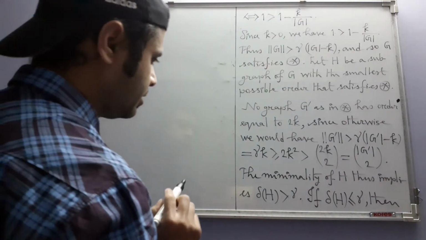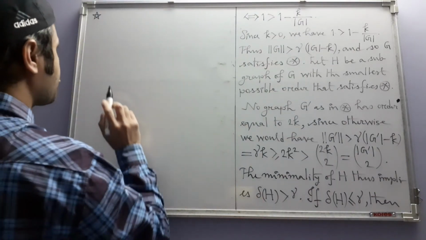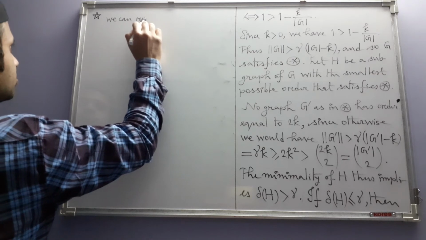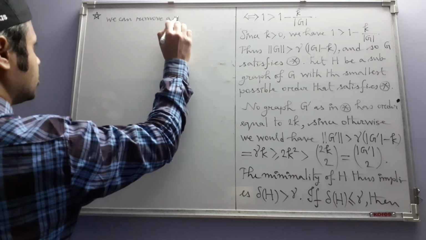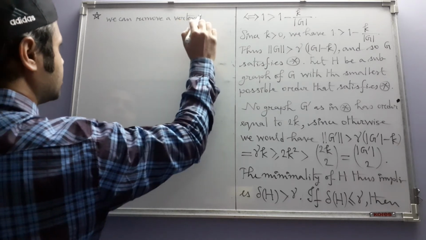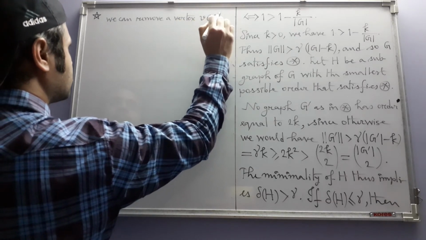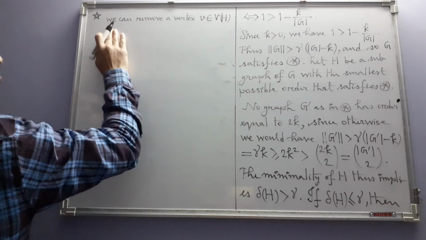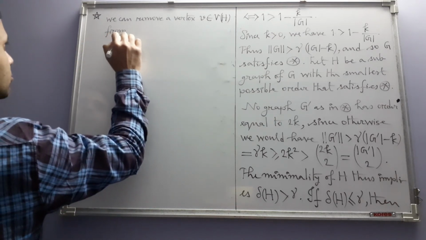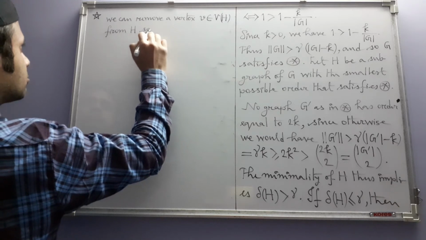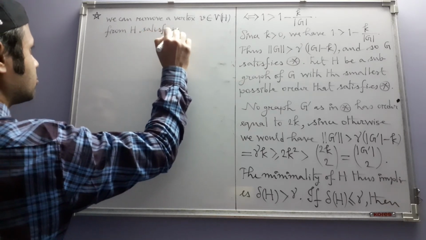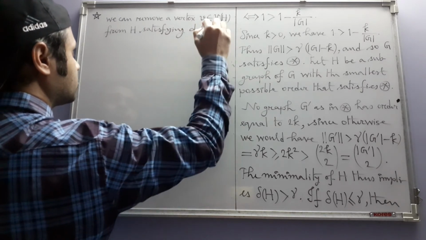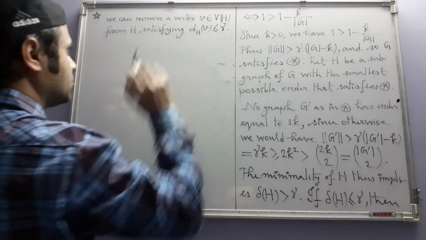If delta of H is less than or equal to gamma, then we can remove a vertex V belonging to H satisfying this.